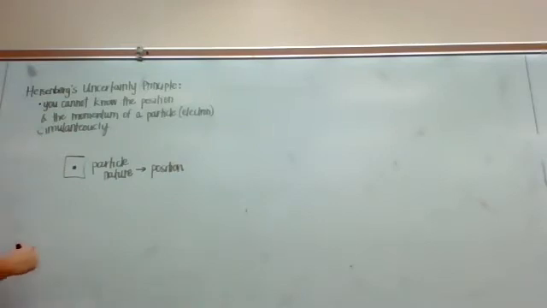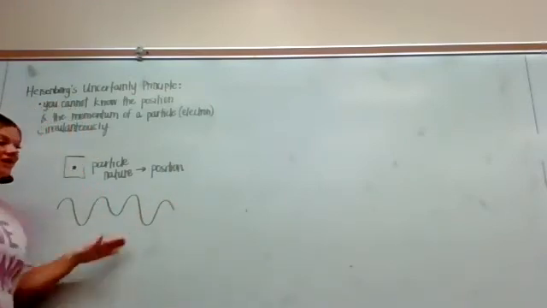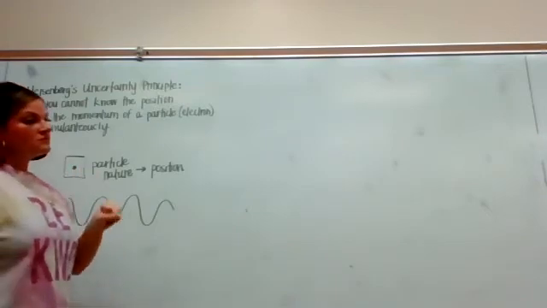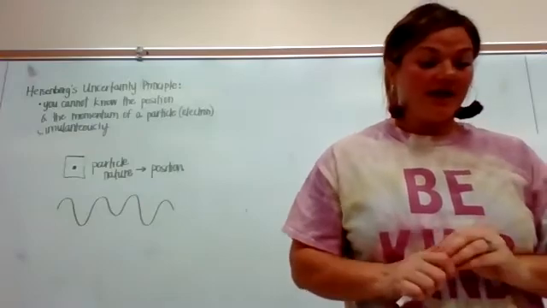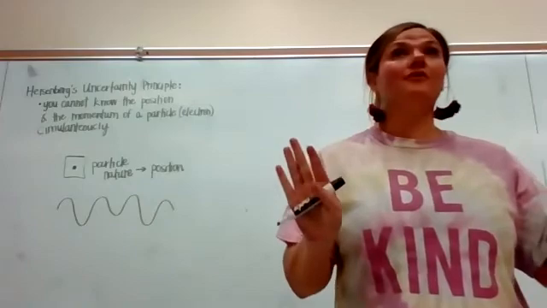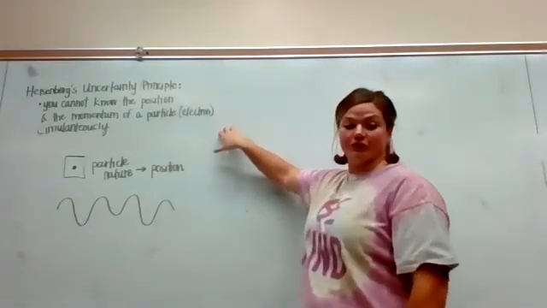If I want to know its momentum, I've kind of got to look at it as a wave so that I know how fast it's traveling. Well, if I'm looking at momentum, then I can no longer know its exact position. Okay, so that's what Heisenberg's uncertainty principle states. If you look in your notes, you'll see that there's a mathematical formula. You do not have to know that mathematical formula. As long as you know this, you'll be fine for your test.